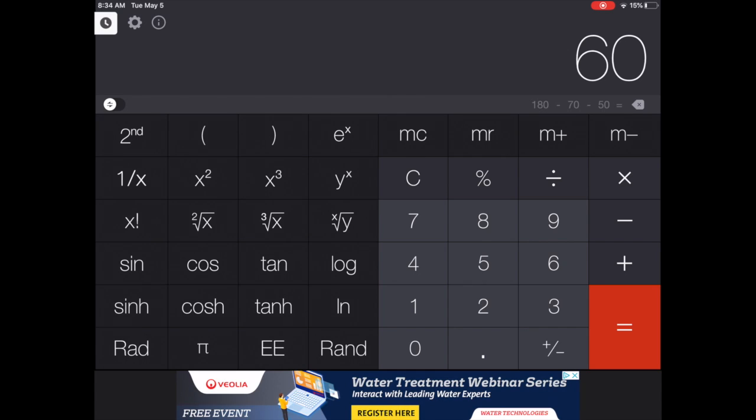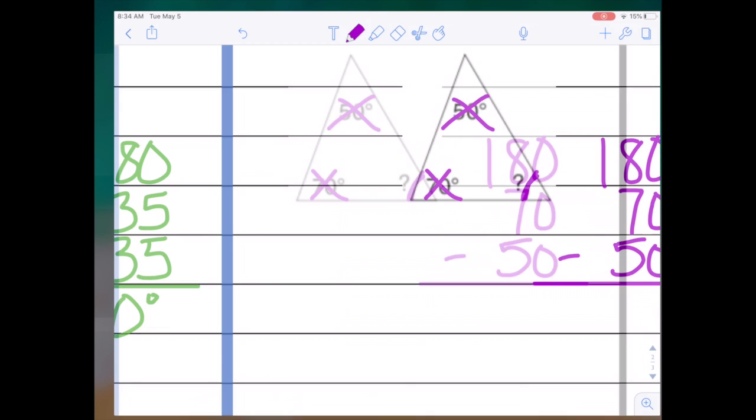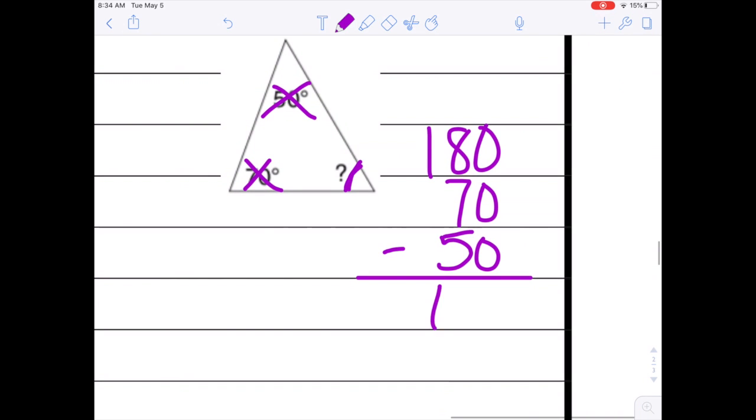Our answer is 60. So that means that this angle right here that's missing is 60 degrees.